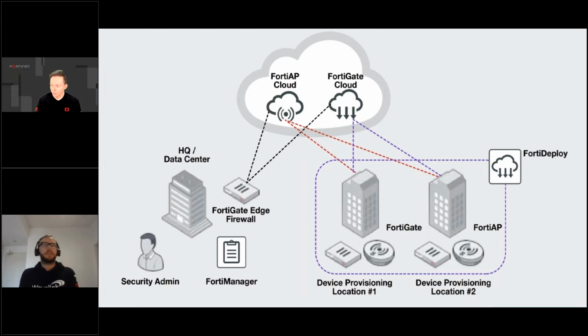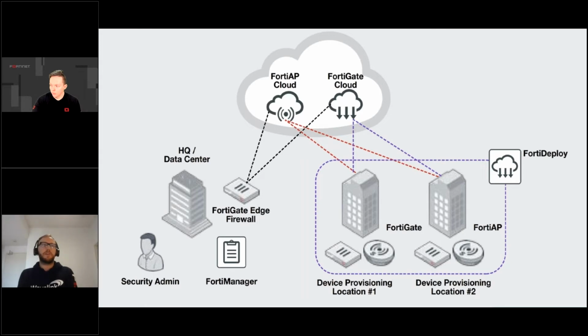As devices are then plugged in at these remote locations for deployment, they obtain an IP address via DHCP from your ISP or some other solution that's built in. Then these devices initially call home to FortiCloud, and that's where the zero-touch deployment comes in.